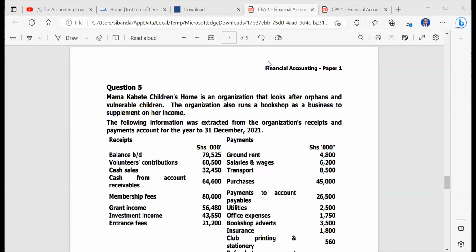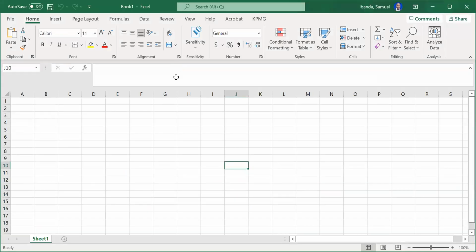For example, we have an example here for this question. This is Mama Kabete organization, and it's a children's home. Because they are not created for profit, how they prepare their financial statements is a bit different from a generic business.